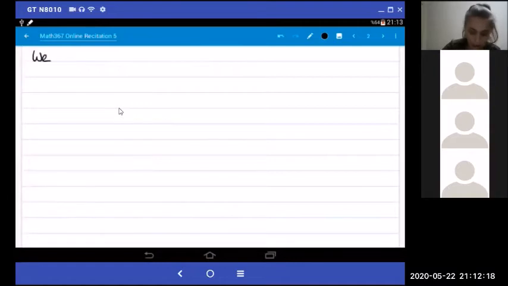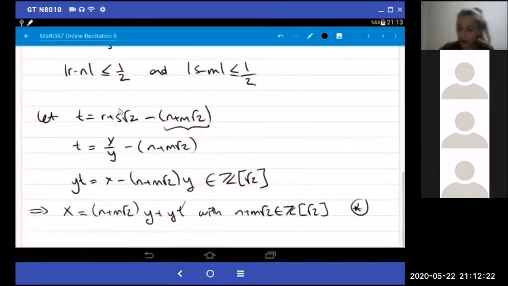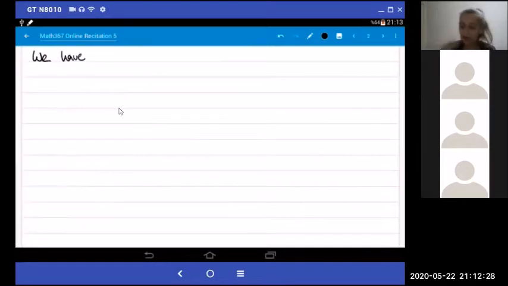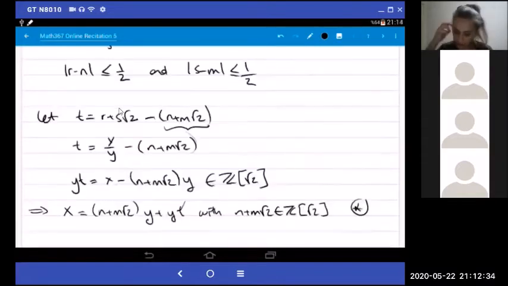Now, if we apply our Euclidean function to this t, we are going to obtain some kind of inequality here. Norm of t, maybe it is better to write it down just here.